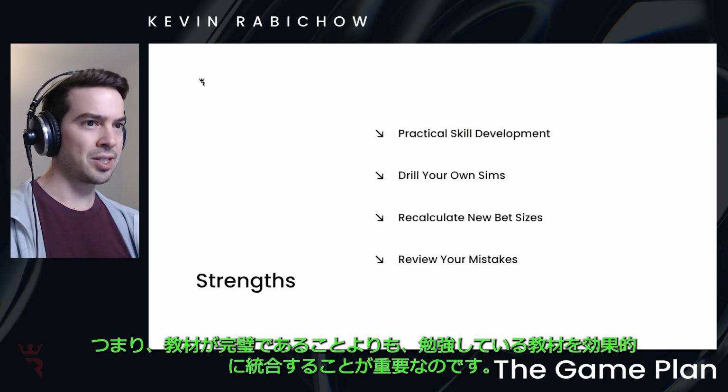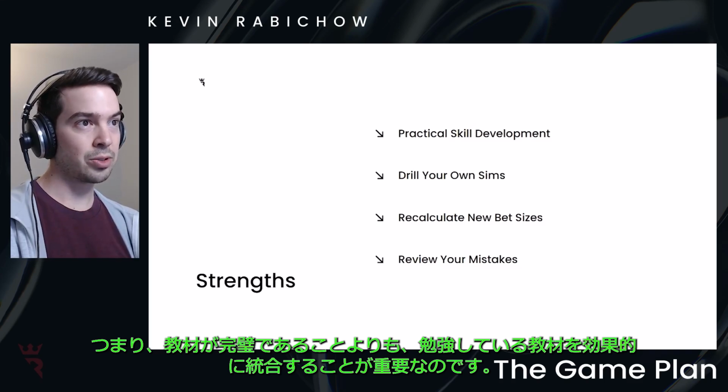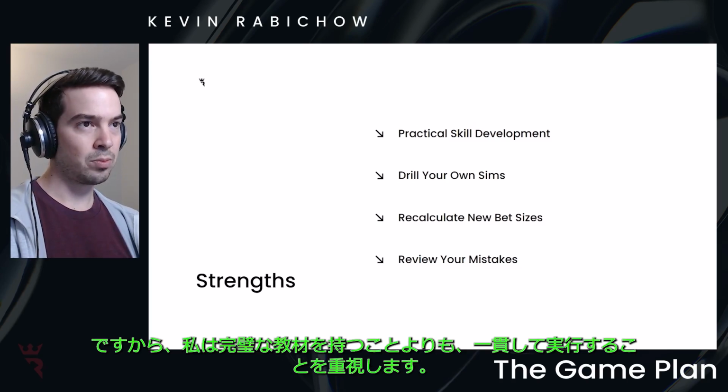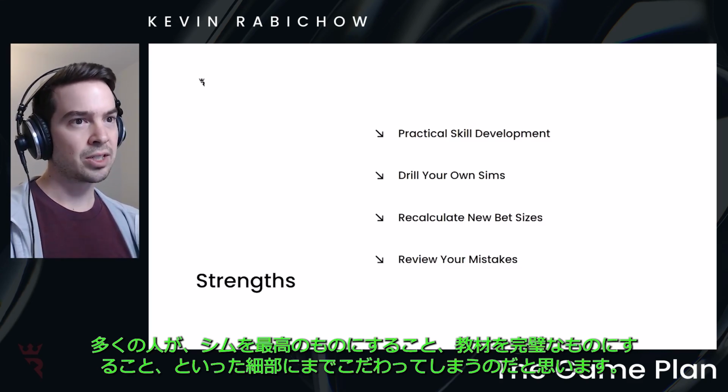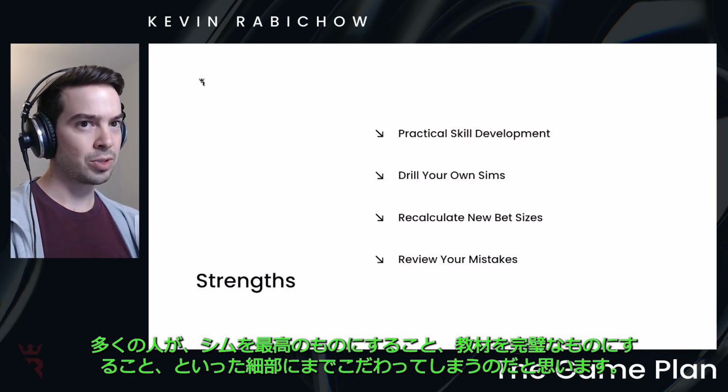What I should say is it's less important for your material to be perfect than it is for you to integrate the material you're studying effectively. So I would emphasize consistency in execution over having the perfect training material. And I think a lot of people get bogged down in the details of making sure their sims are top notch and making sure that their material is perfect.